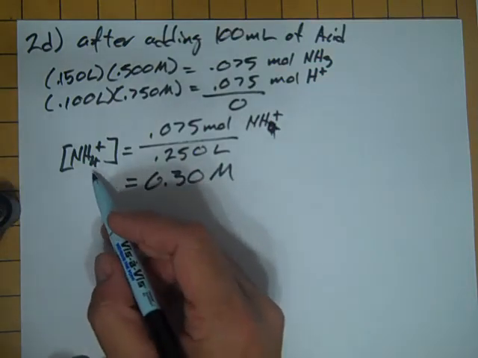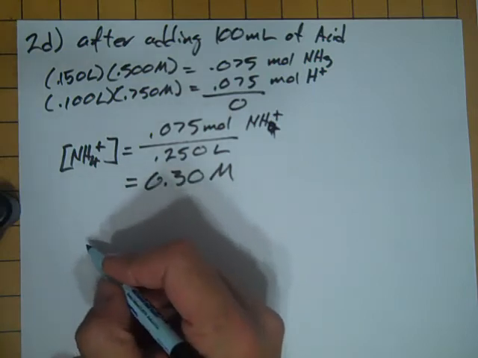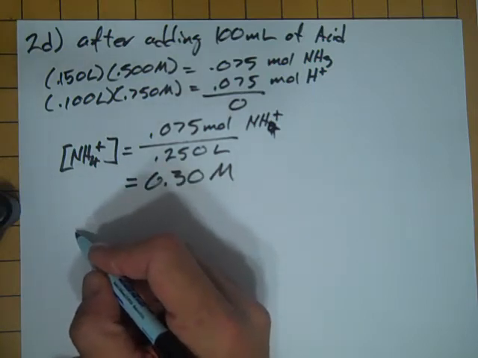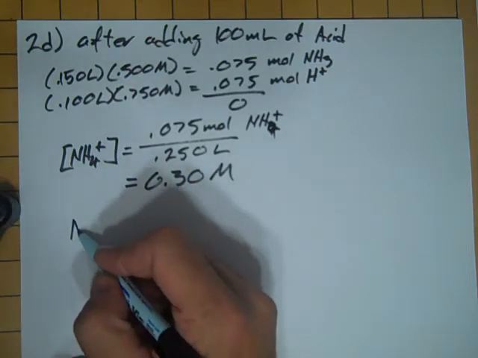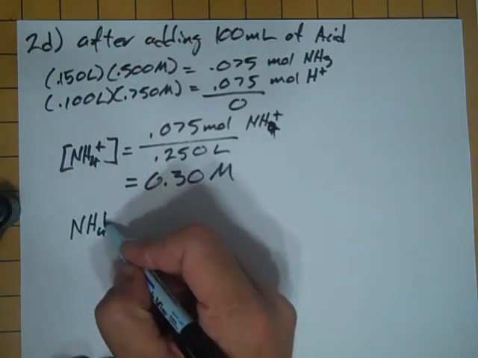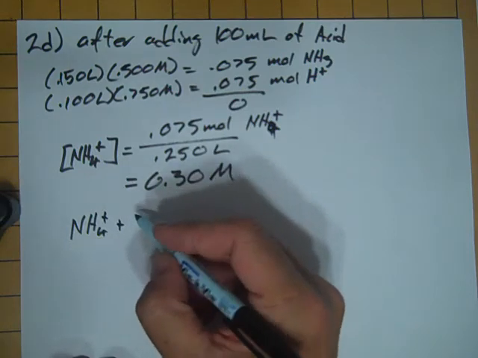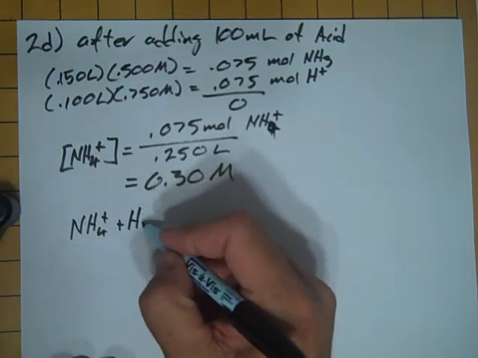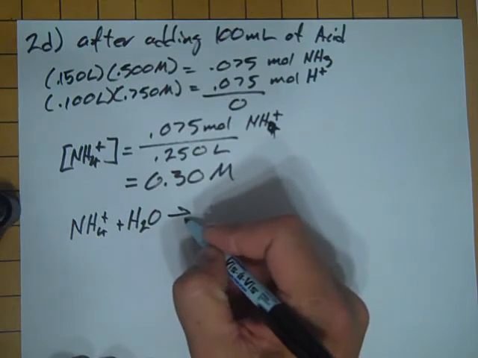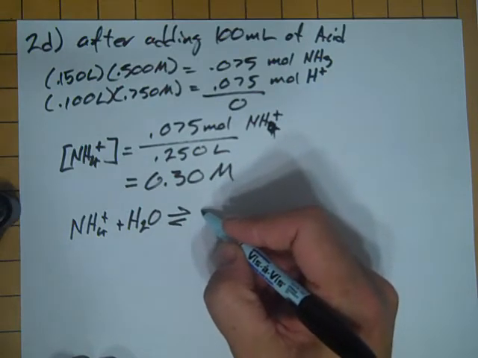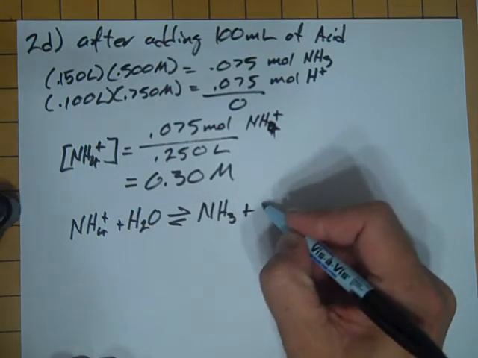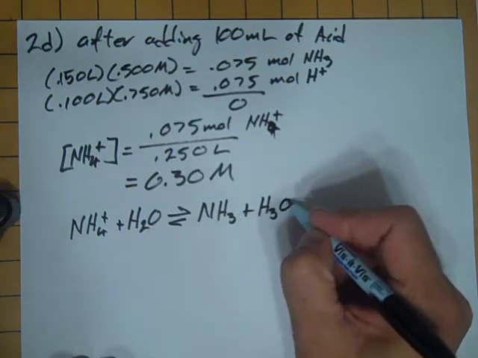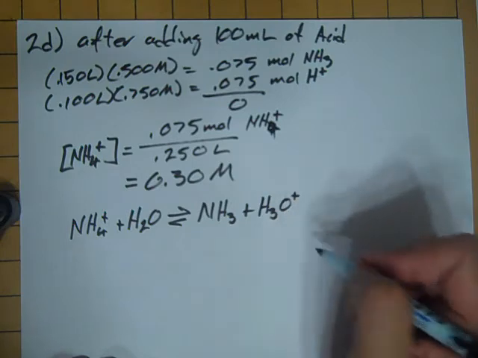And as the conjugate acid of a weak base, it is a weak acid, a really weak acid. So if I put NH4 plus into water, it's going to make NH3 plus hydronium, or H plus.